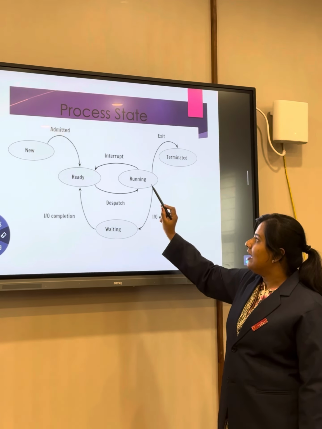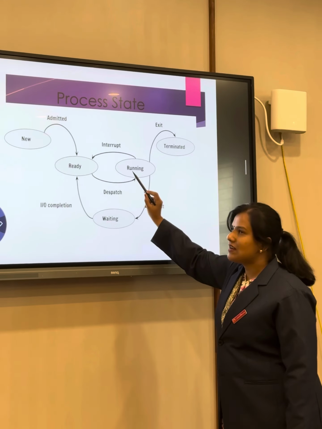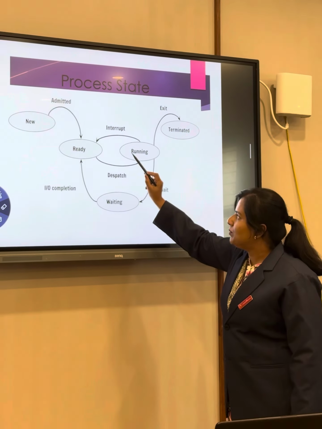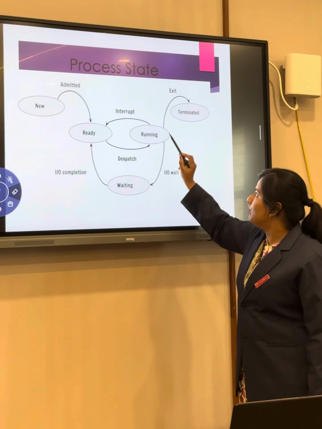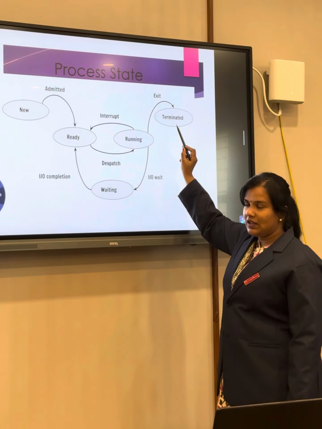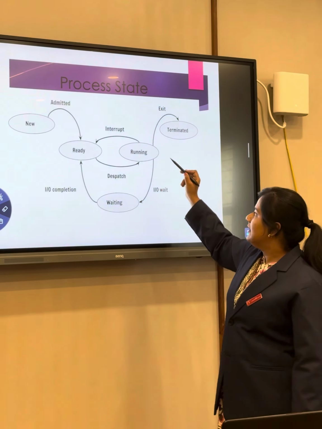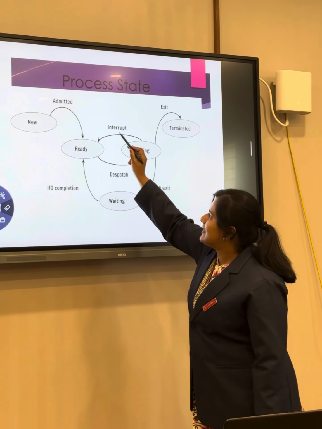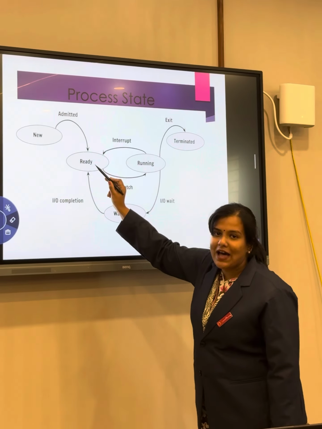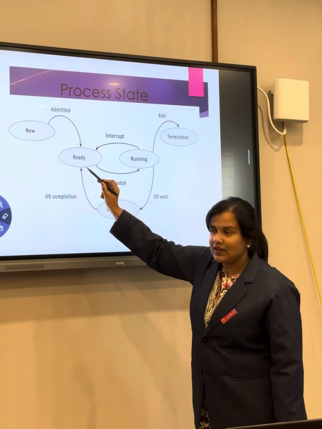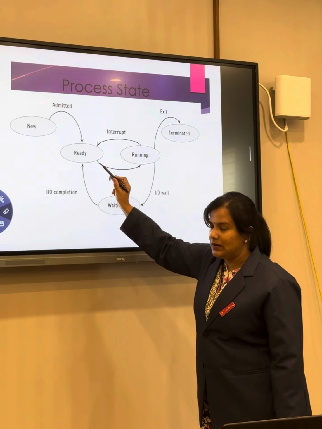Then if all the resources are available, it works completely and moves to the terminated state. If all resources are not available, the running state is interrupted and reverts back to the ready state. That is shown in the cycle.